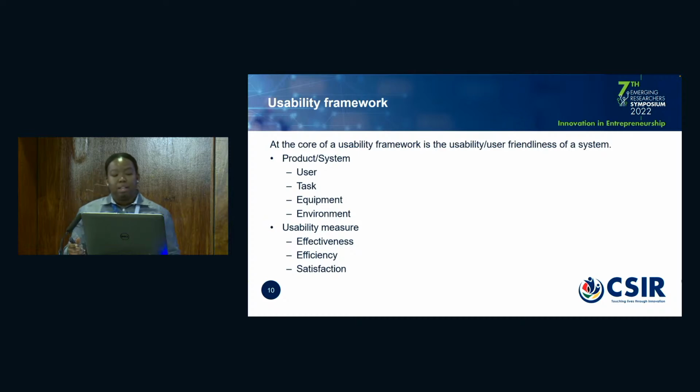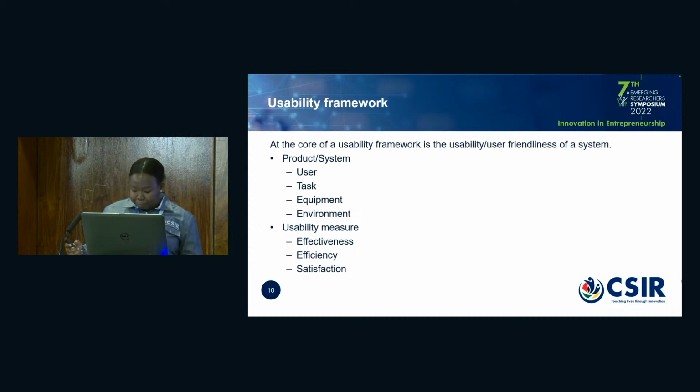So the system should perform the user needs while also addressing the designer's interests. So it is also expected that the system performs the task that it was designed for. It is also important to make sure that the equipment and the environment are user-friendly for the user.